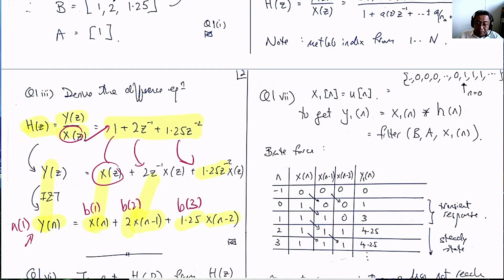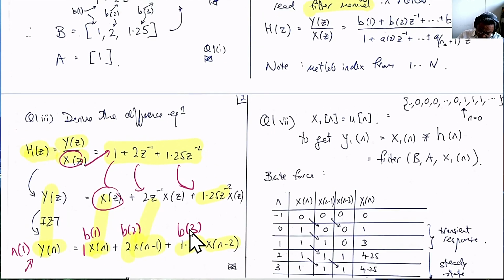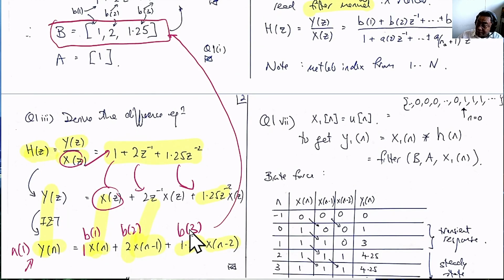Now if you compare the coefficients of this difference equation with MATLAB's, you realize that B1 has the value of 1, B2 has the value of 2, B3 has the value of 1.25. These 3 values are then returned in this vector here. So this is B1, B2, and B3.